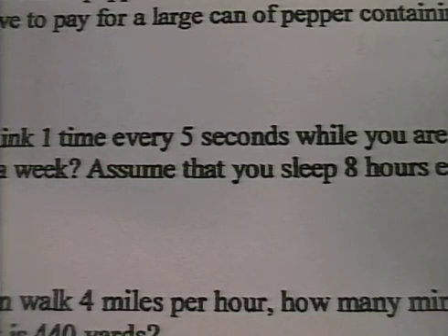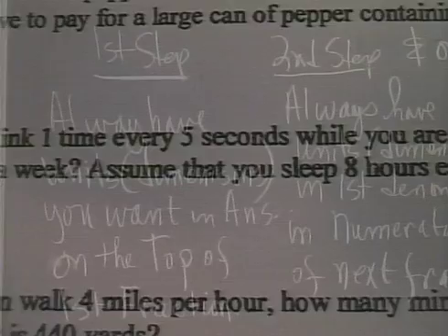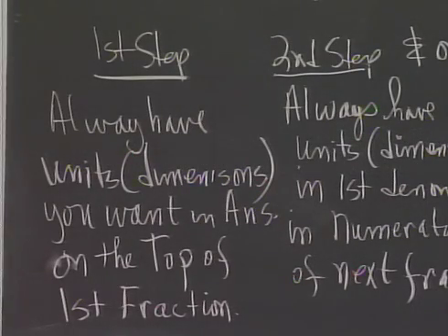We're waiting for, with camera 1, let's go back to the first step. We'll bounce back and forth between the first step and the problem. First step. You want your units in the answer on the top.